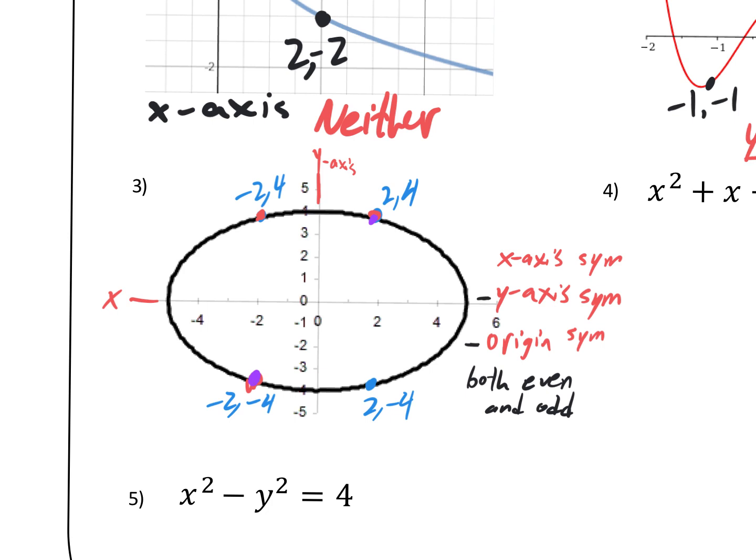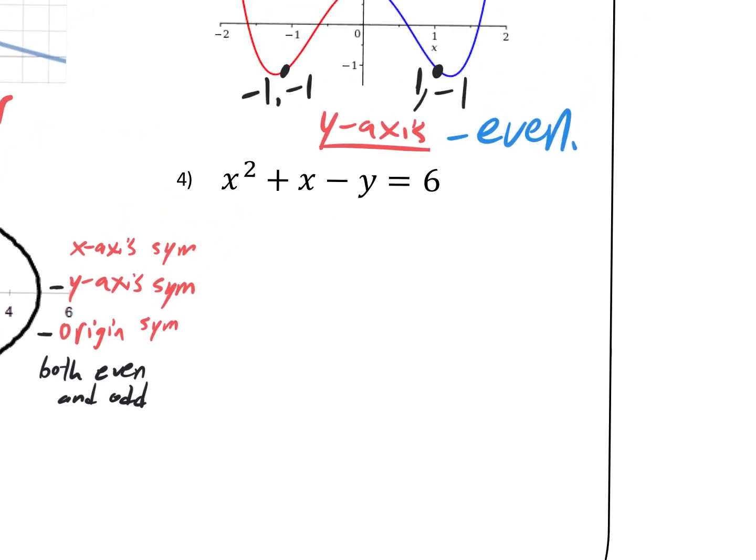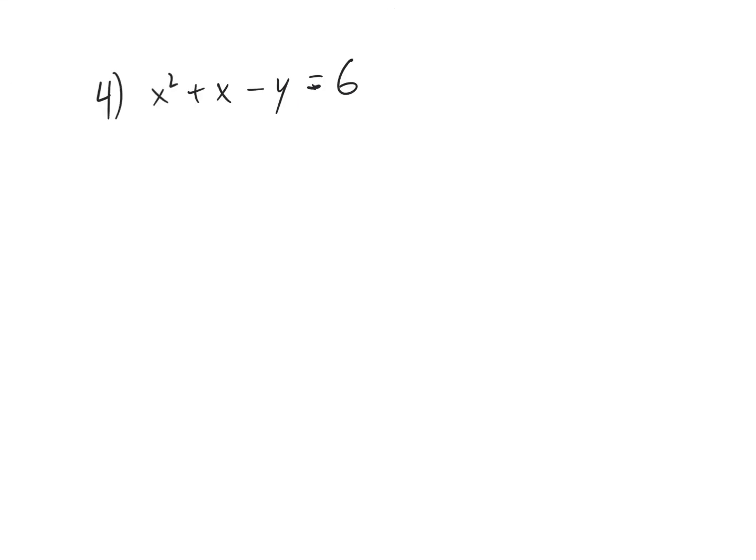Okay, all right, let's look at the more interesting stuff now. Okay, let's take a look at 4 and 5, where our relation is presented as an equation or in function notation, and we are trying to see what kind of symmetry this might have. Okay, so this is problem 4, and I just wrote it here to make a little more room for us.